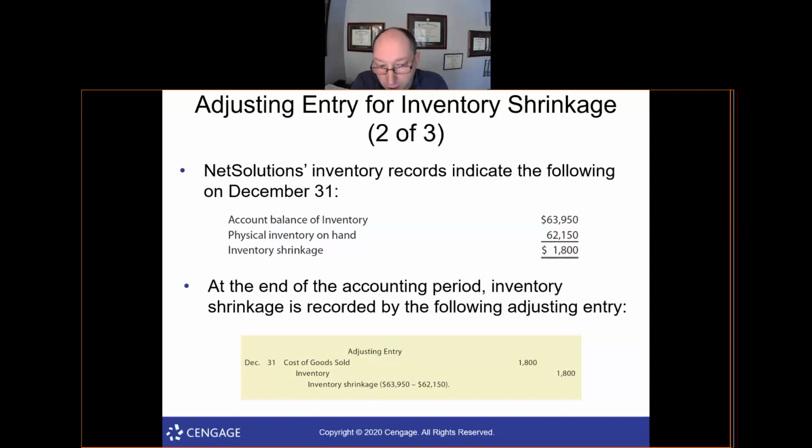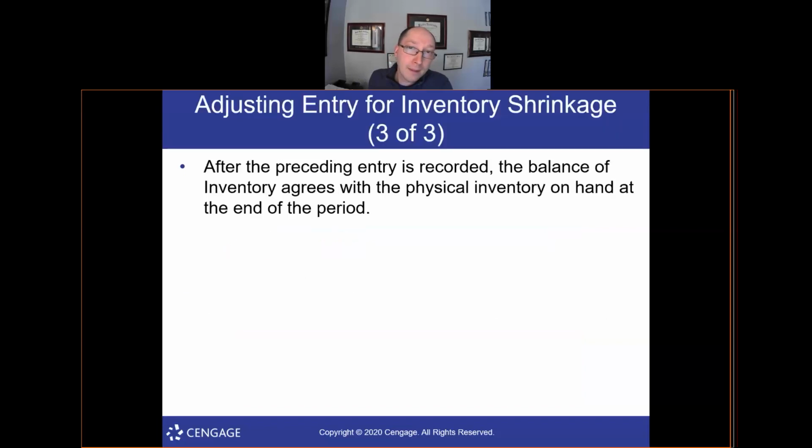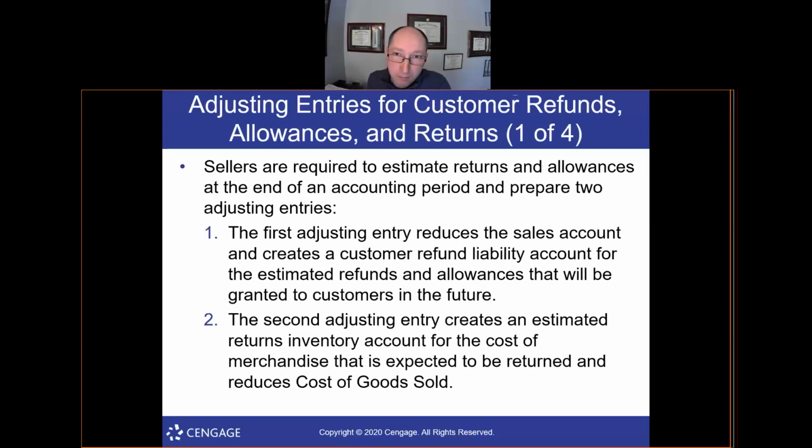So to account for that 1,800 being missing, we debit cost of goods sold and we credit inventory, to take it out of inventory because it's not there. After that entry is made, the balance of inventory agrees with the physical inventory on hand at the end of the period.